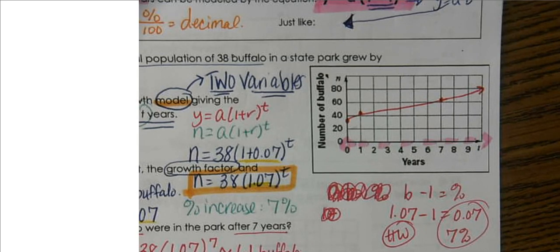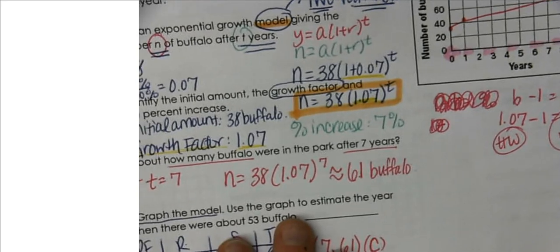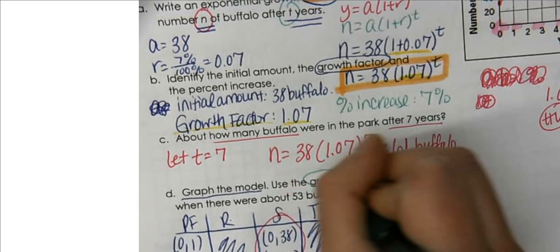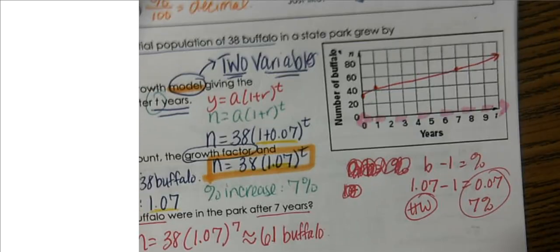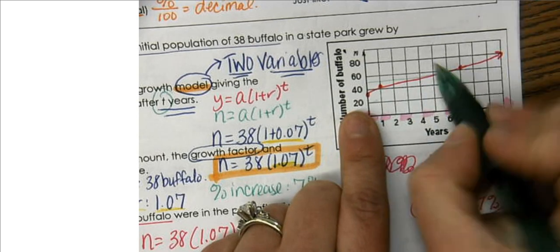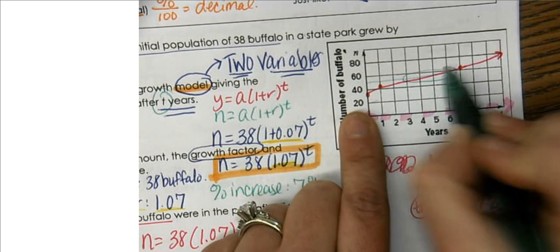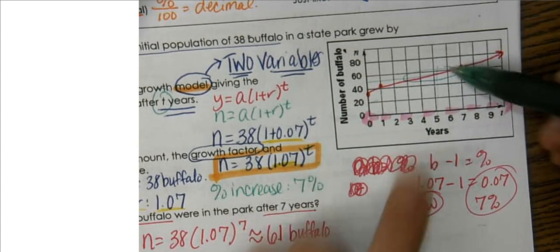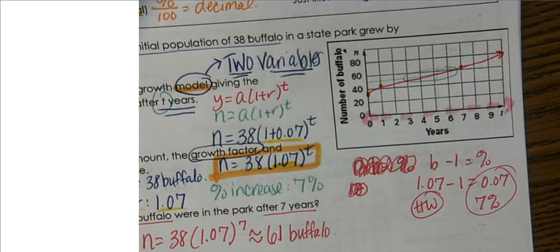So we want to use the graph to estimate the year when there were about 53 buffalo. So 53 is going to be somewhere about right here. So we're looking at 4 years, 5 years, 6 years. So let's go ahead and try 4 years.